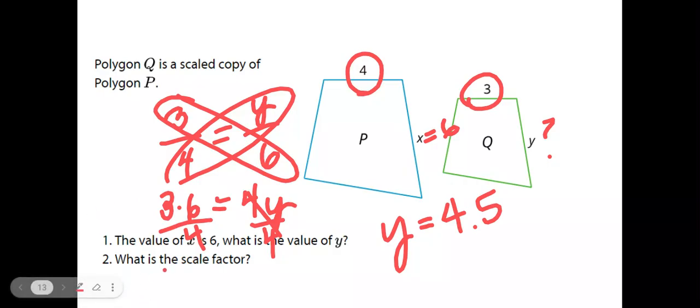And then it asks, what is the scale factor? If Q is the new one, it's going to be smaller than the original, right? So the scale factor is going to be 3/4.